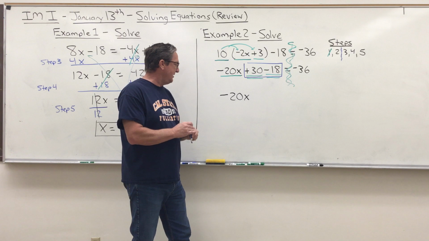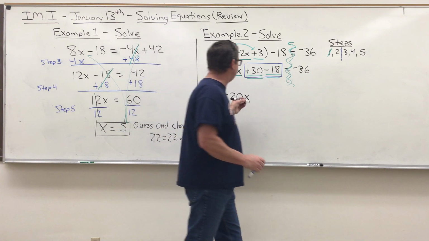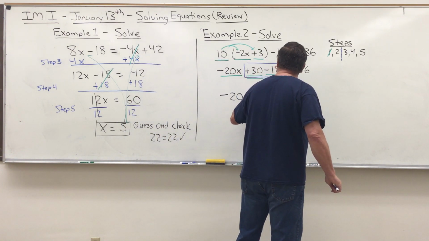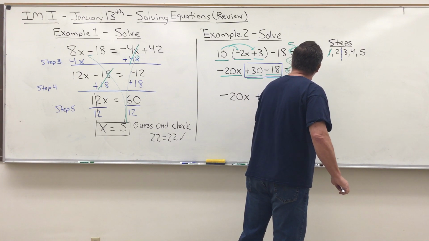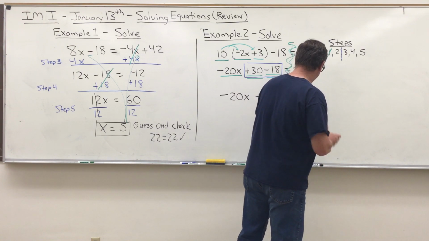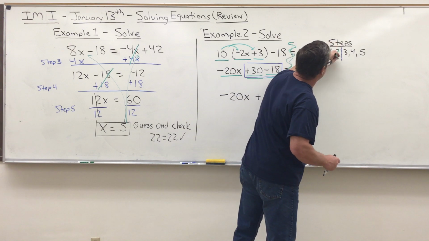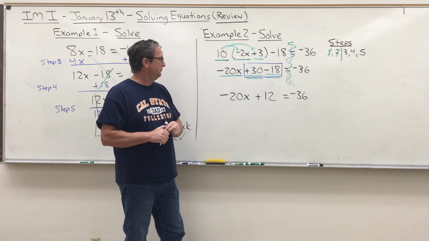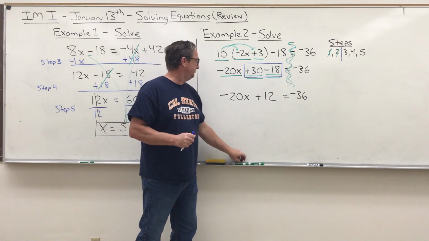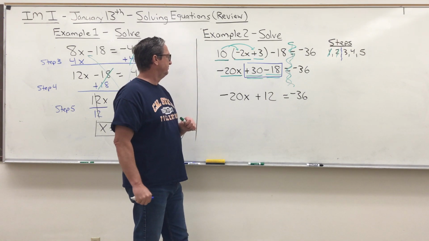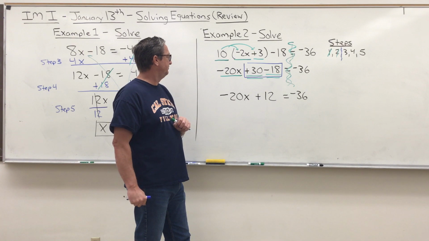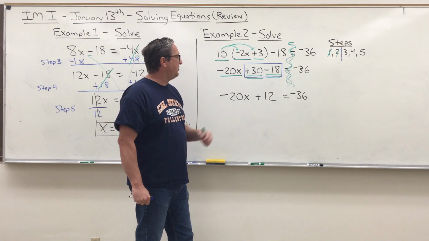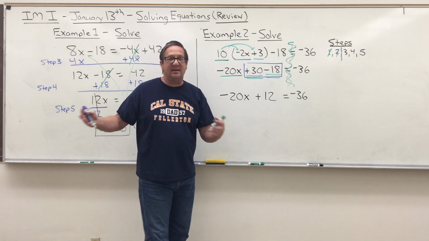What is 30 minus 18? 30 minus 18 is a positive 12. So we got negative 20x plus 12 equals negative 36. That's the end of steps 1 and 2.